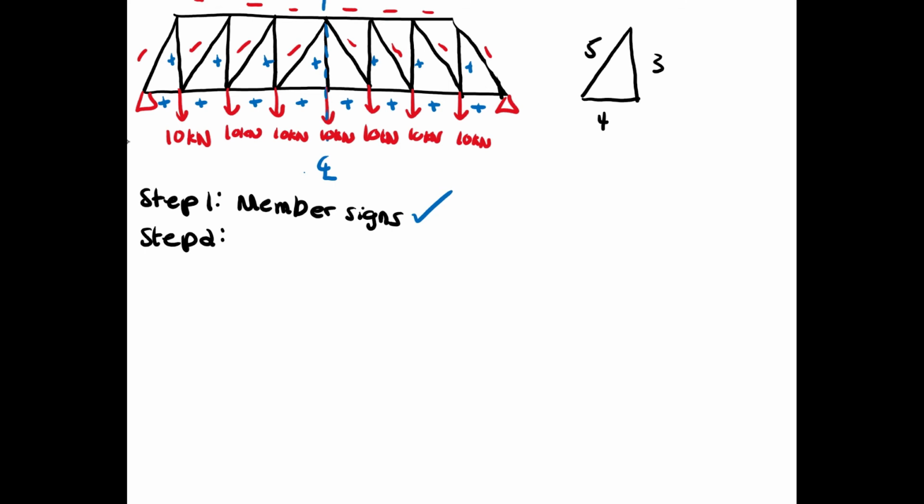So I have a force acting upward here, a force acting upward here, and then I have 1, 2, 3, 4, 5, 6, 7 forces acting downwards.